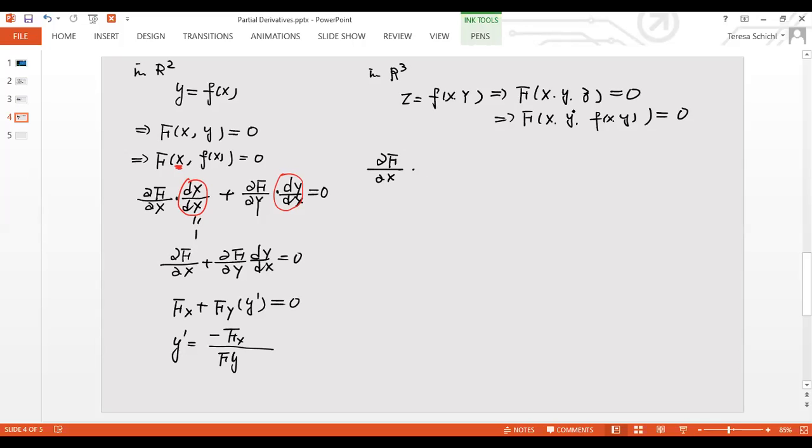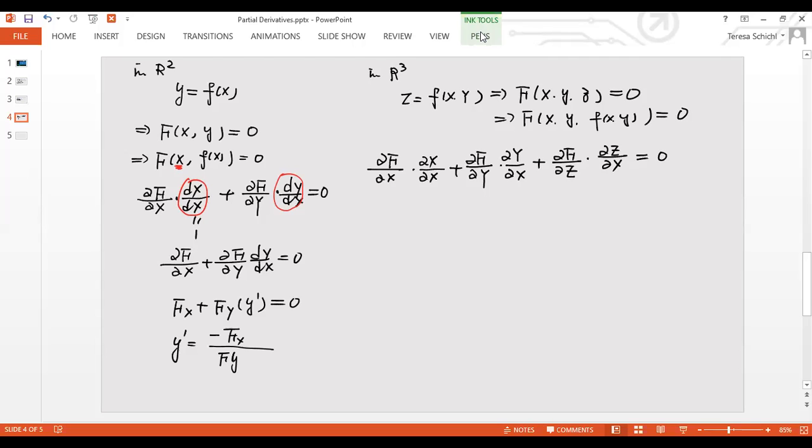Now, because of the x, I can say here, this is ∂F/∂x, and the plus ∂F/∂y, the partial to the y, then for y I need to take the derivative with respect to x, so this is ∂y/∂x here, then plus ∂F/∂z, and here ∂z/∂x is here.